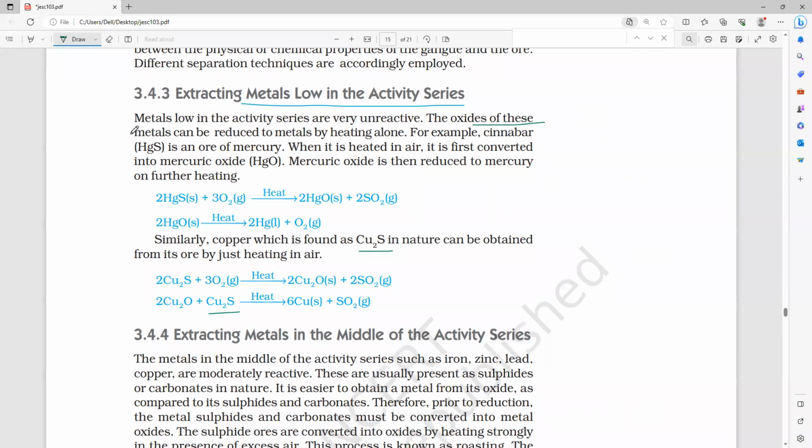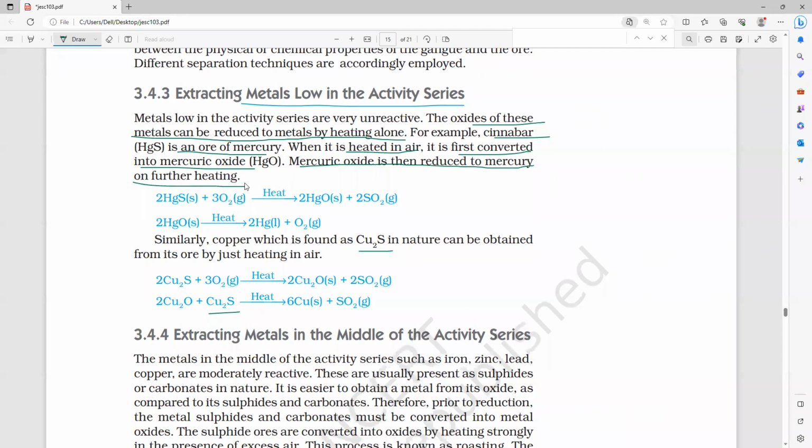The oxides of these metals can be reduced to metals by heating alone. So cinnabar is an ore of mercury. When it is heated in air, it will first be converted into mercuric oxide, and then it will be reduced into what, guys? Mercury, on further heating.